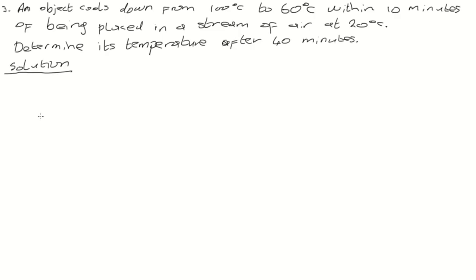Okay, it says an object cools down from some temperature to some temperature within etc. So the way these problems are is that the first thing that will happen is that the story tells us the equation that we must solve.